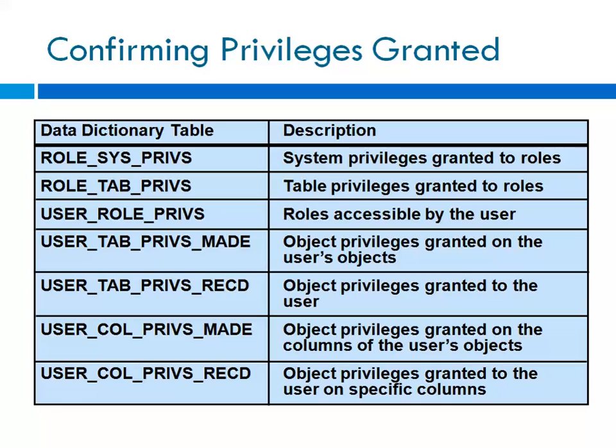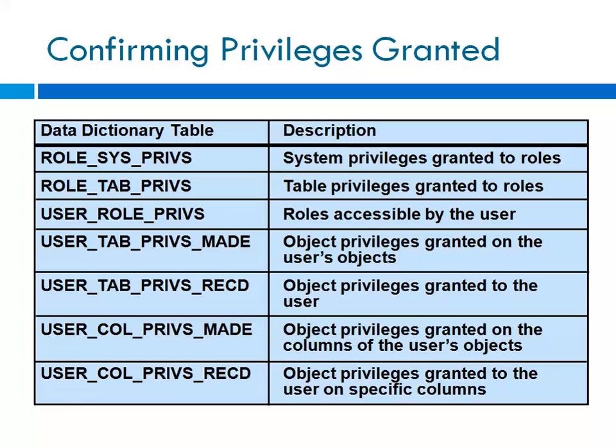Then role_tab_privs, table privileges granted to roles. So which tables are used by which roles, in what way, that information is stored in the second table. Then user_role_privs: if you have given roles to the users, then all the information about what roles are given to what user will be stored in user_role_privs.